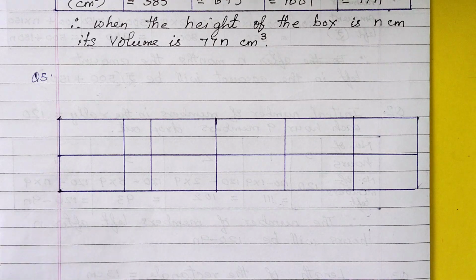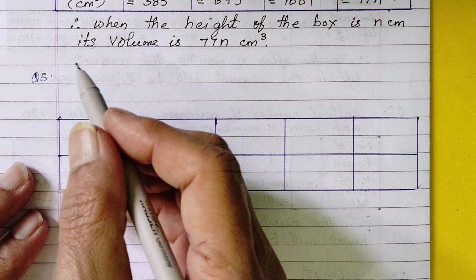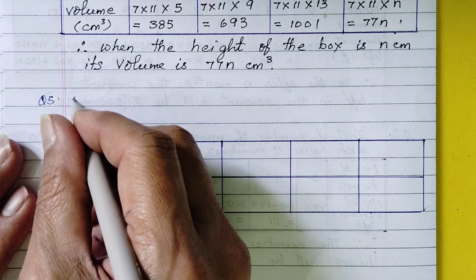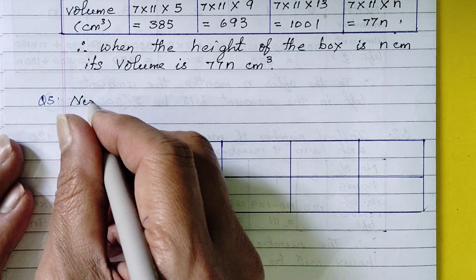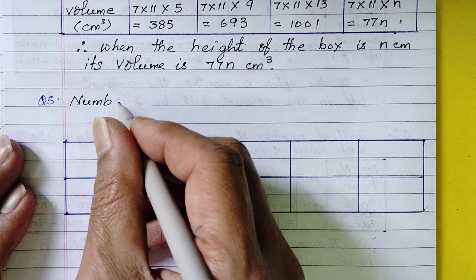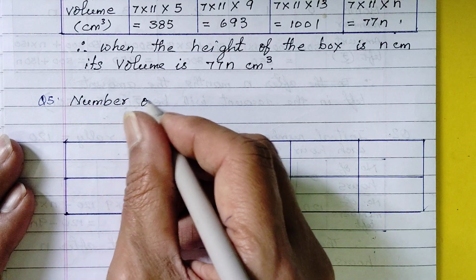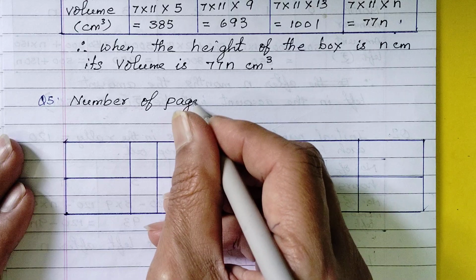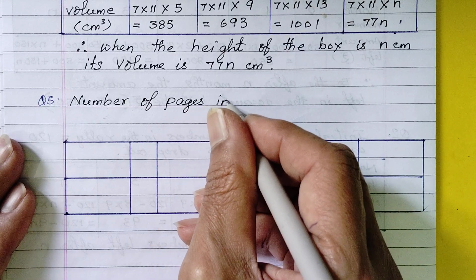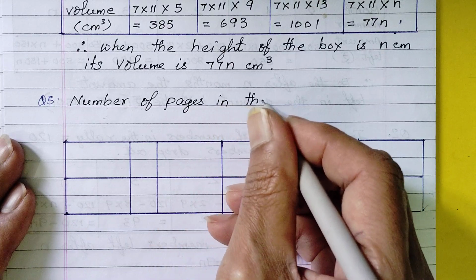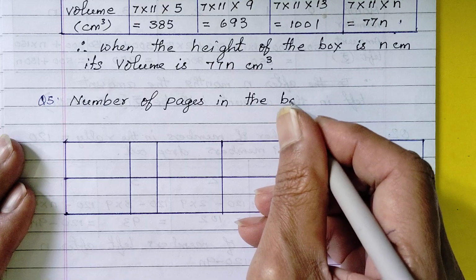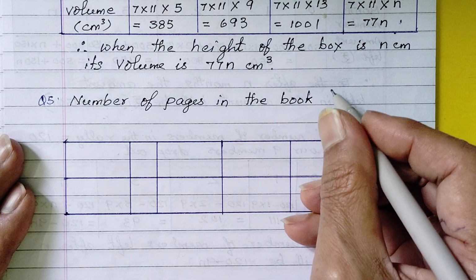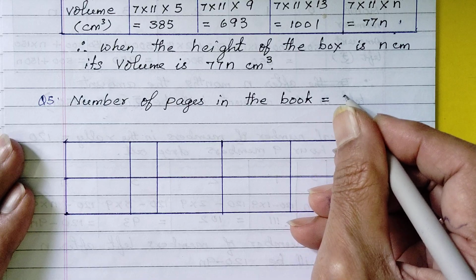So, the number of pages in the book is 500.